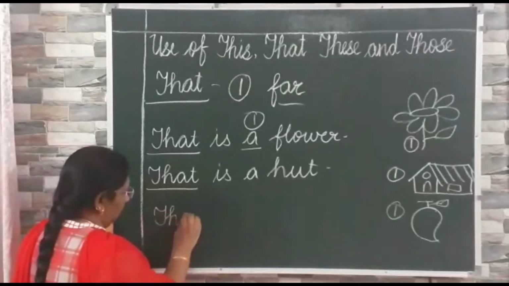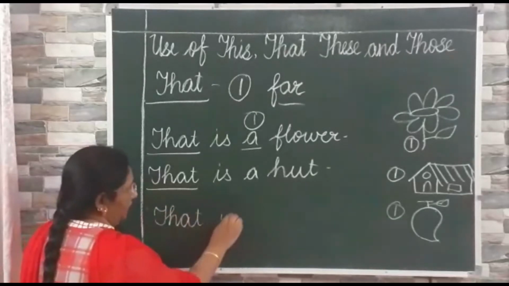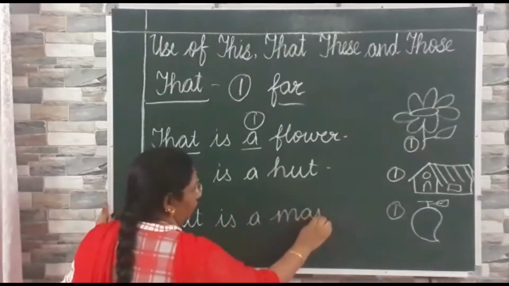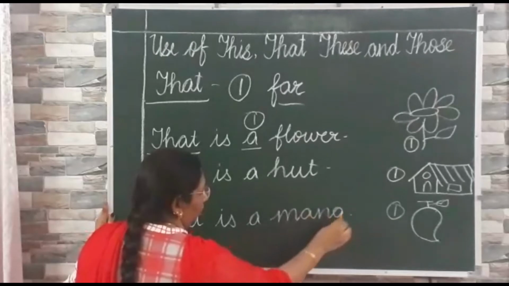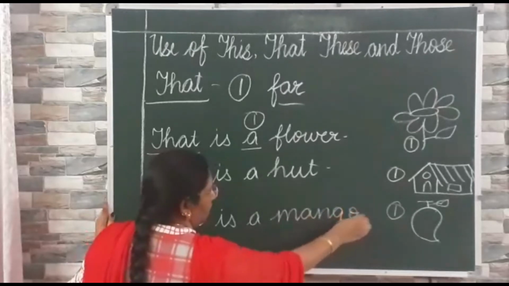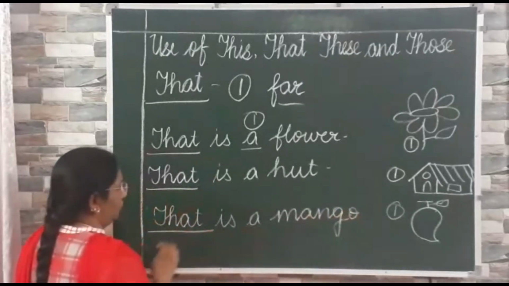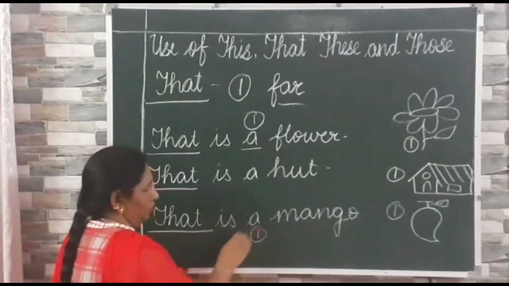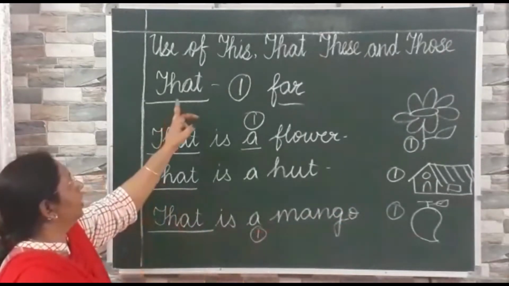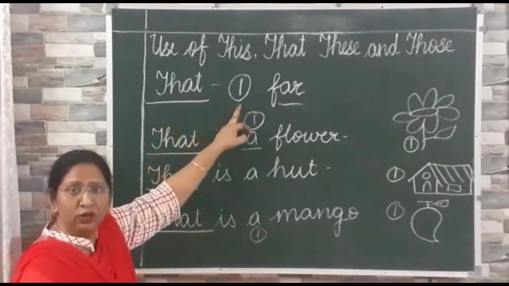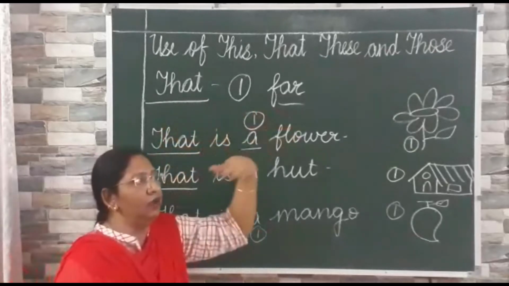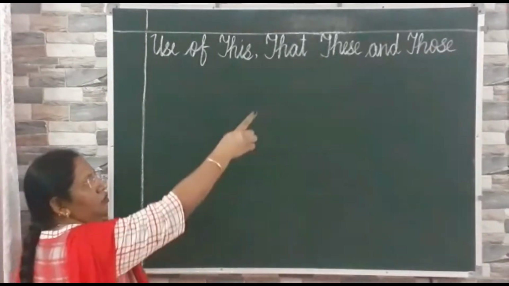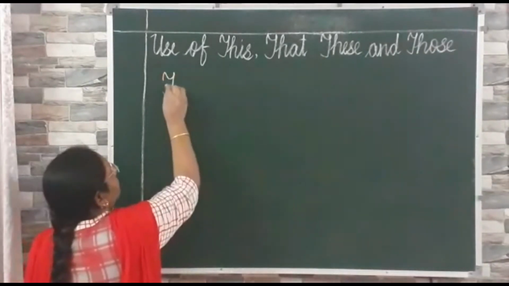That is a mango. A means one in counting, isn't it? That is used if the noun is one in counting and far from us. Understood? Now let's take these.